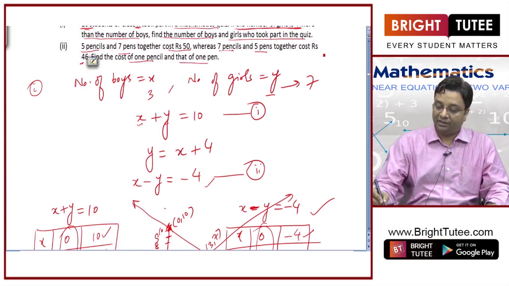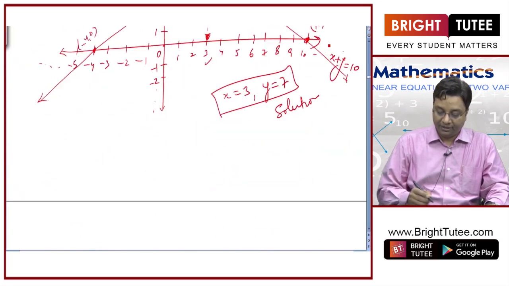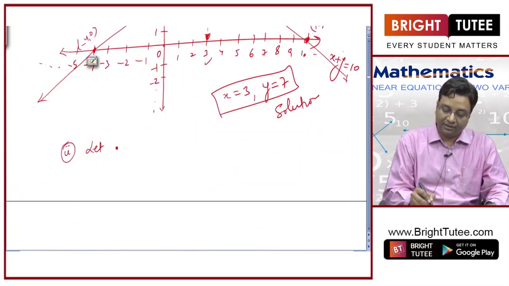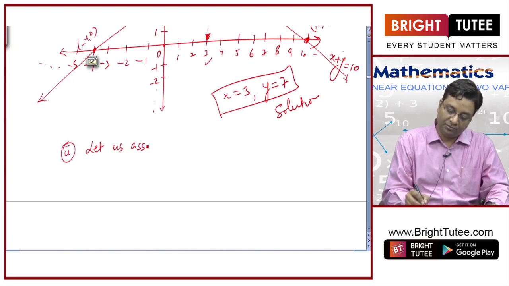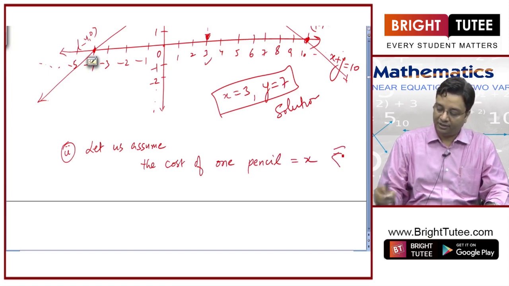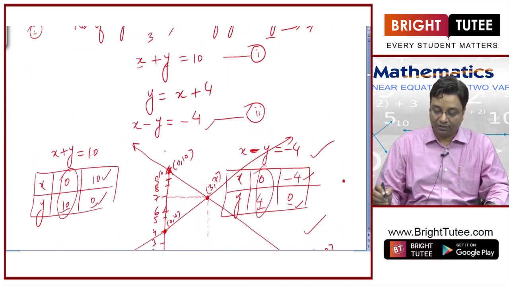So, let us assume the cost of one pencil as x rupees and the cost of one pen as y rupees. Now, let us look at the situation.